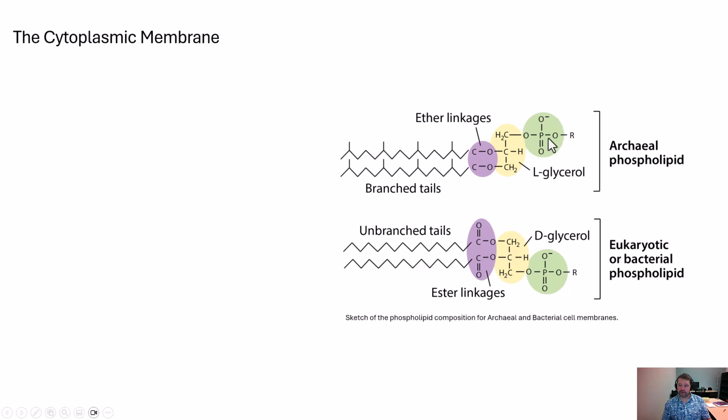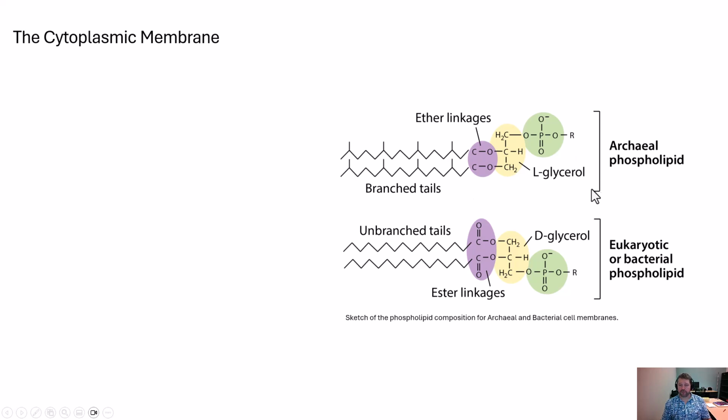But how that head is linked to those fatty acid tails is through a glycerol, but in archaea it's a different type of glycerol, or at least the linkage between the glycerol and the fatty acid tail is a different type. It's an ether linkage versus an ester linkage. When we look at eukaryotic and bacterial phospholipids, they have ester linkages that link the phosphate head to the fatty acid tail.